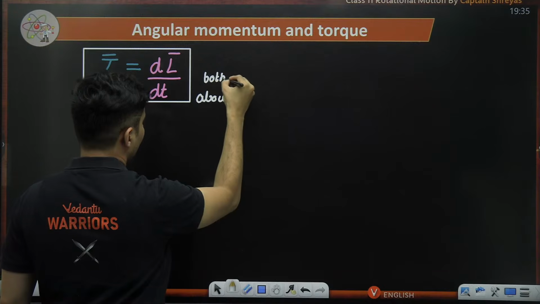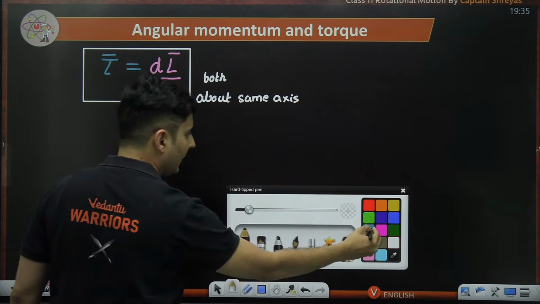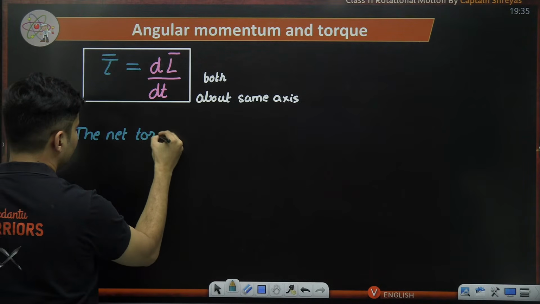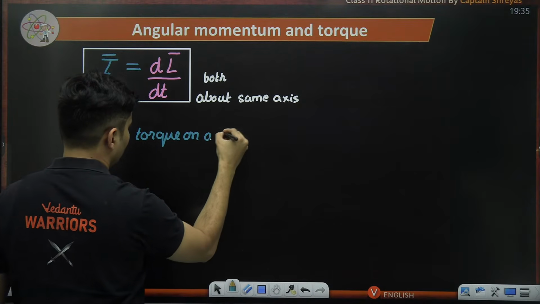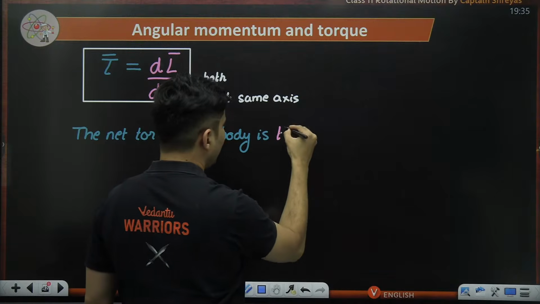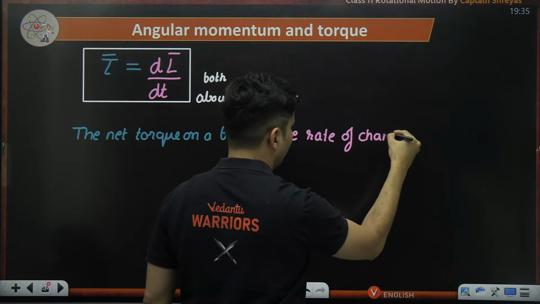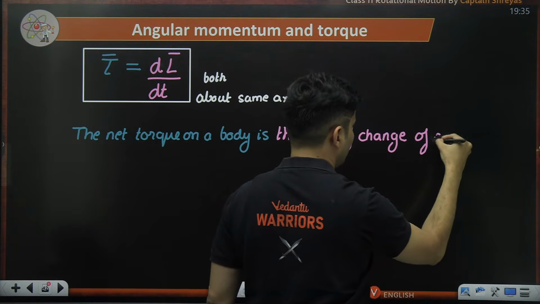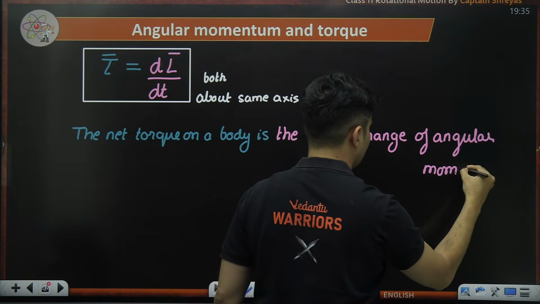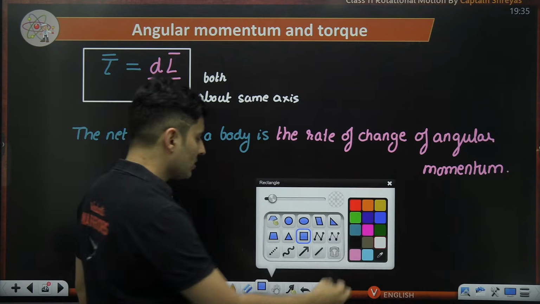In words, we can say the net torque on a body is the rate of change of angular momentum.